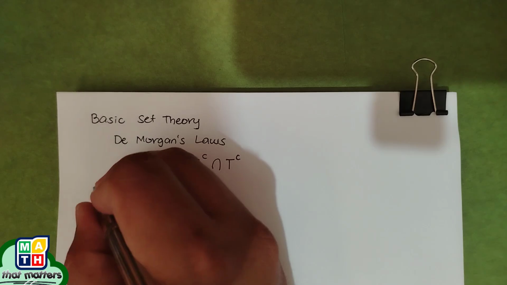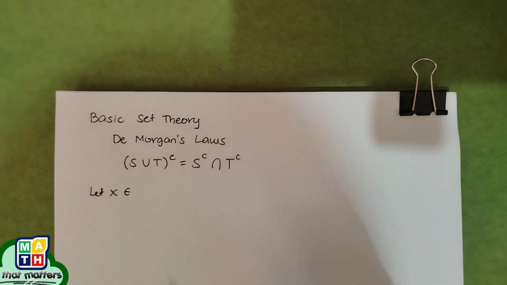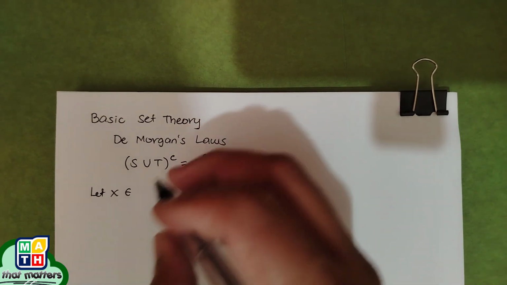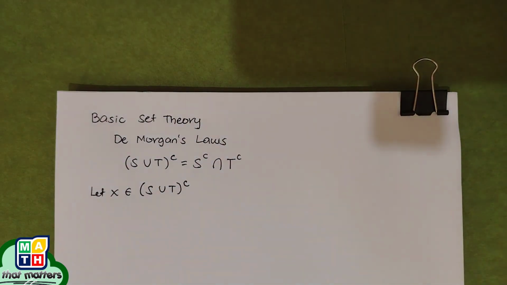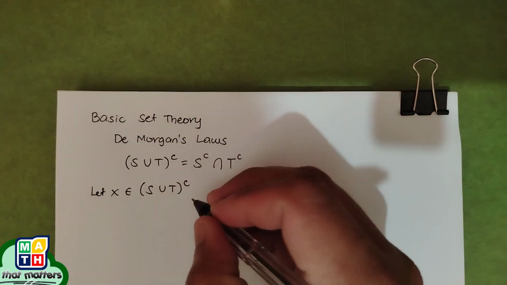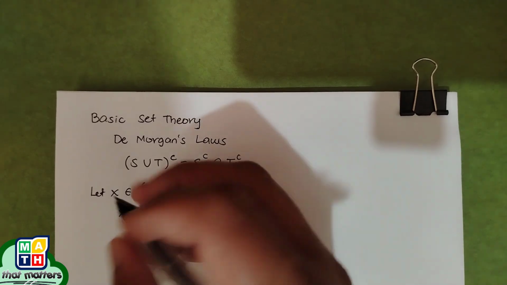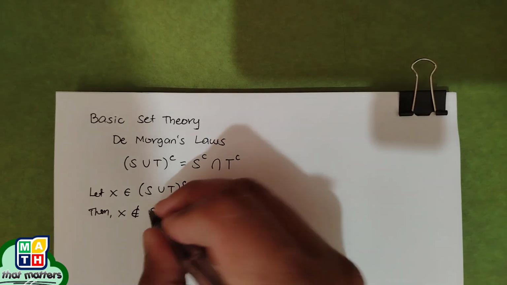Let us assume that a certain x is an element of the left-hand side, and we are going to show that it's also an element of the right-hand side. If we cannot show that, that would mean this statement is not true. So let us assume that x is an element of the complement of the union of set S and set T. Since x is an element of the complement, then x is not an element of the union.